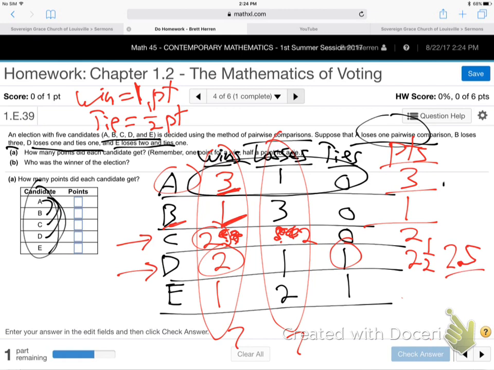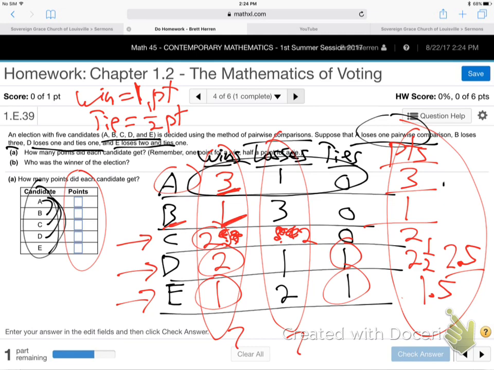And then E. How many points for E? 1.5. Because 1 win, 1 tie. There we go. So that's what they want. They want the points, so they want you to type these in. And we're done. Is that good? So a little bit of kind of thinking it backwards and using a couple logical steps on that. Okay.